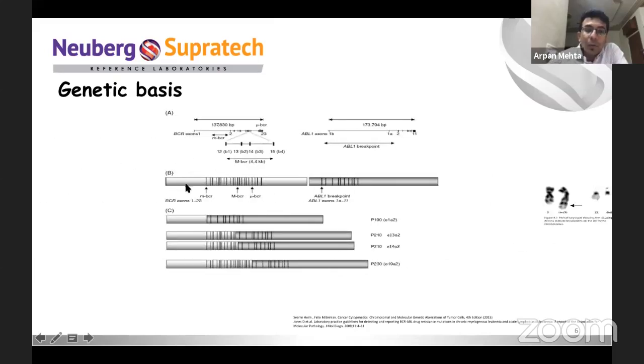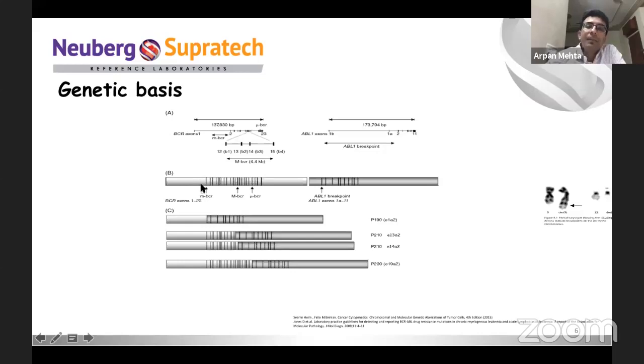And depending upon where the breakpoint occurs in BCR gene, there is formation of different types of transcripts. So this is a major breakpoint cluster region. If there is a break here in BCR gene, then the result is P210 type of major transcripts. They can be E13A2 or it can be E14A2.